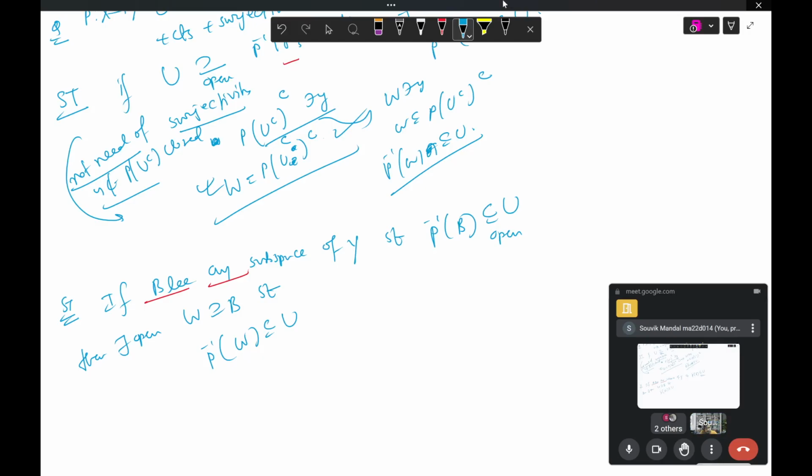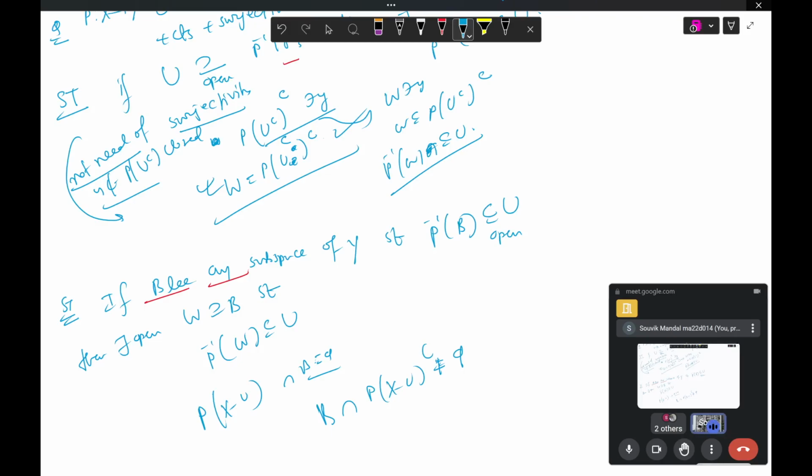So then we can again assume the complement of U, and P inverse of B does not intersect U complement. Because U complement is closed, P of U complement is closed, and B does not intersect P of U complement, so the complement of it is an open set.